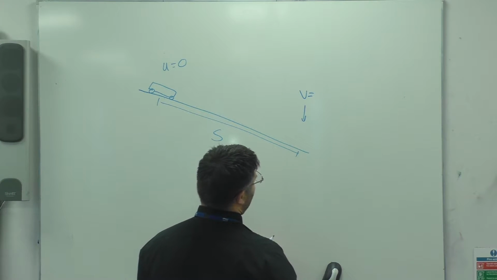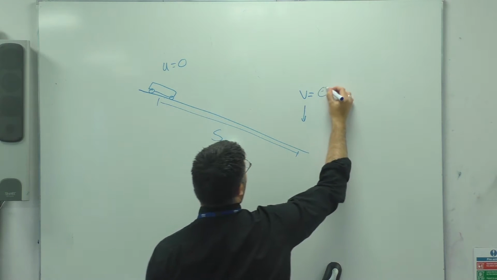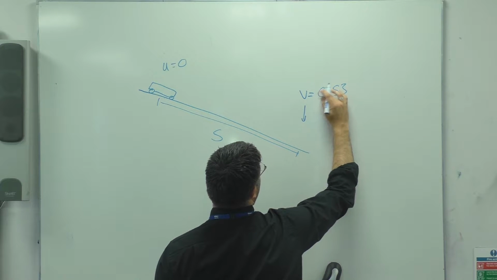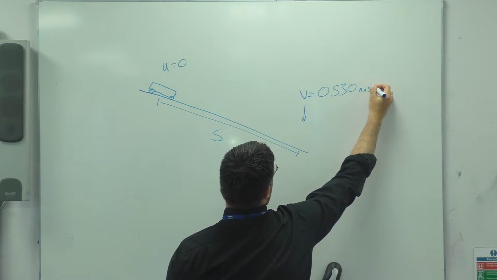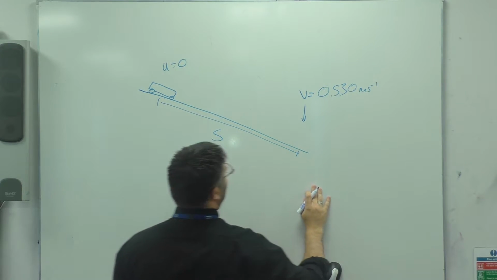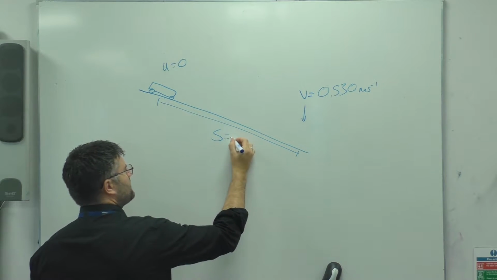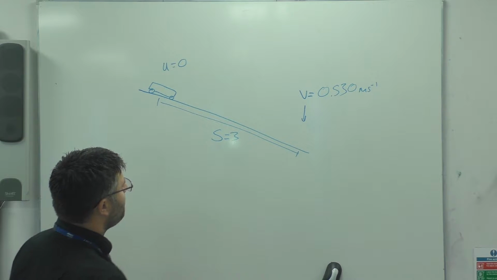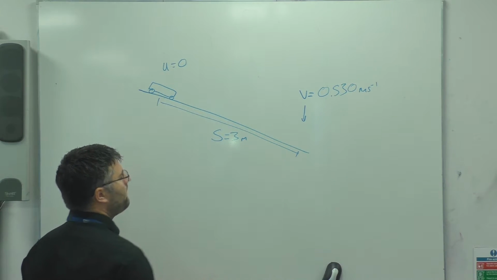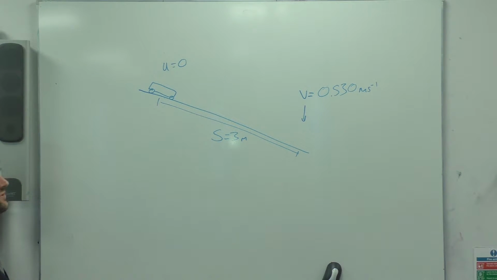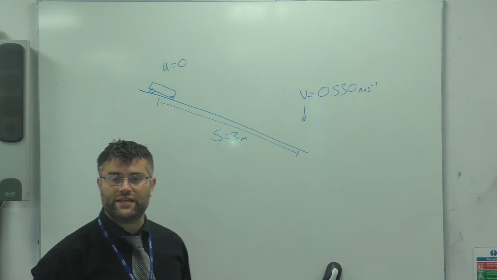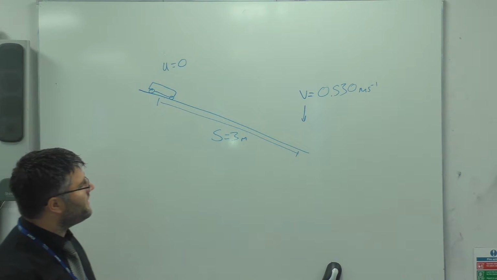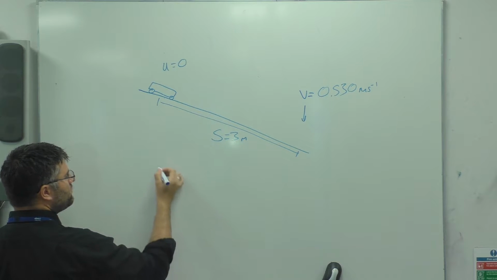So let's go with a value, let's say 0.530 meters per second, and we've got a distance, or displacement, of 3 meters. And we want to work out what the acceleration down the ramp is. We're going to use SUVAT.